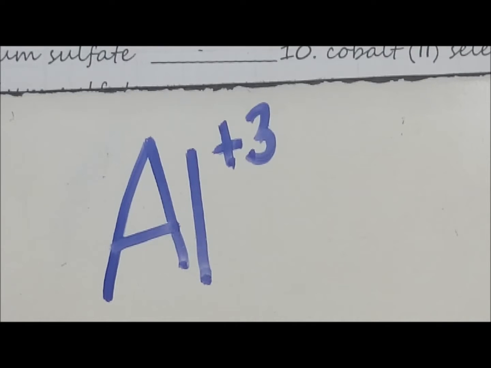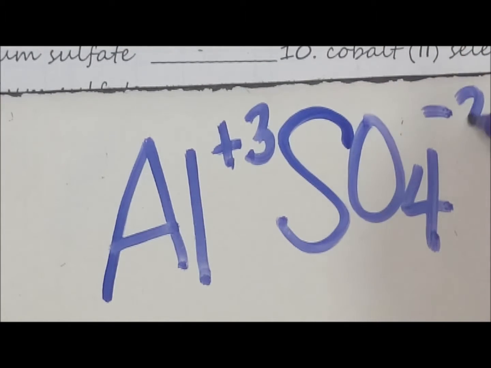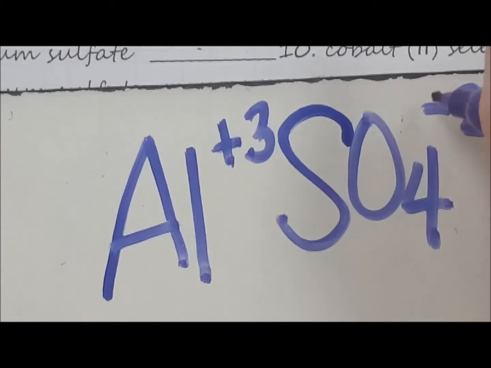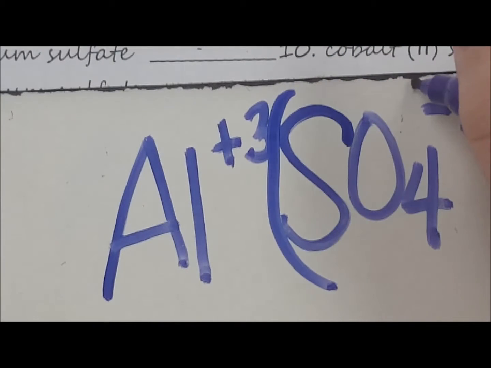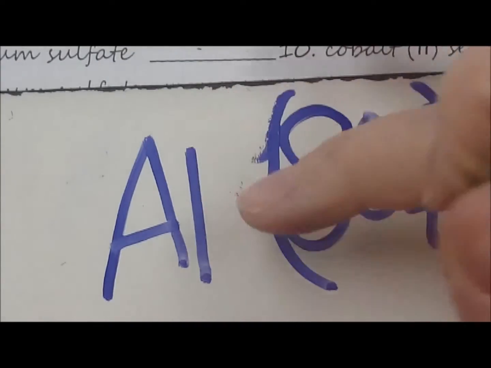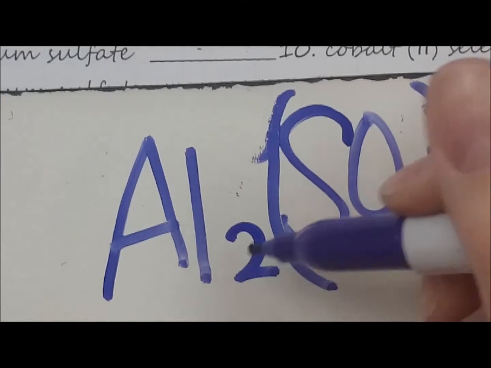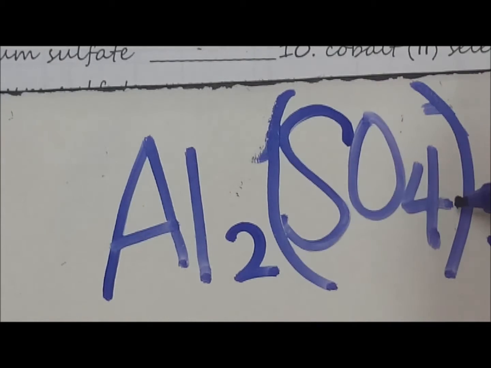The sulfate will have 1 more oxygen than the sulfite. So we are going to switch our charges, and remember, for switching charges with a polyatomic, you have to put parentheses around it. Okay, so it's Al2, parentheses, SO4, parentheses, 3.